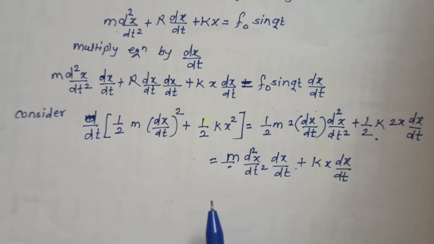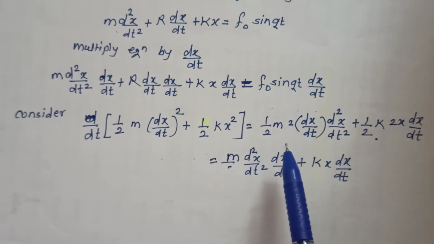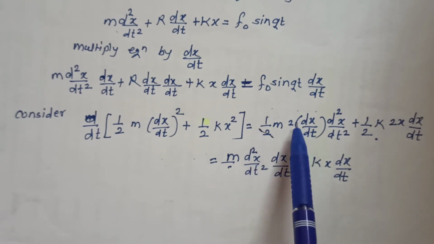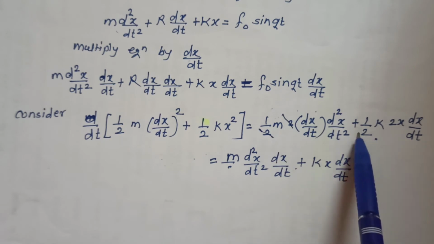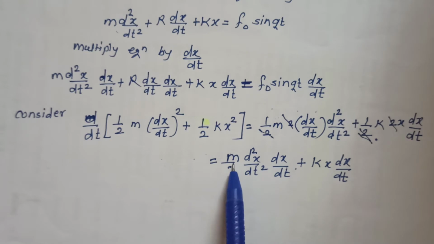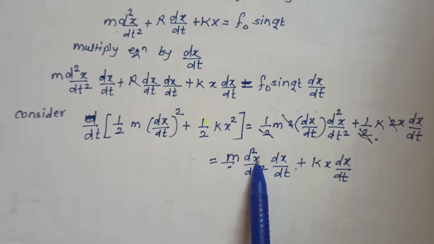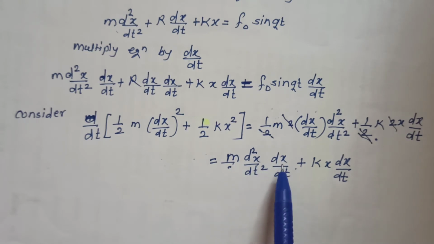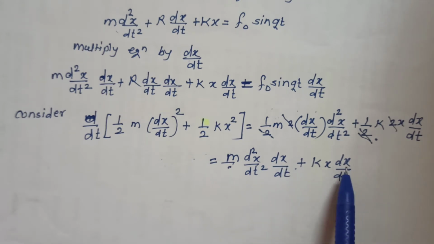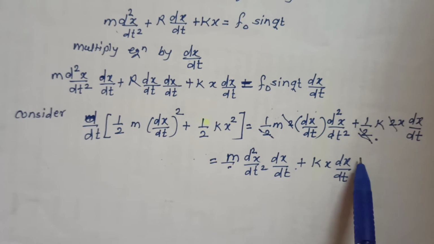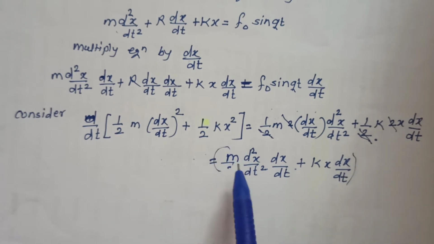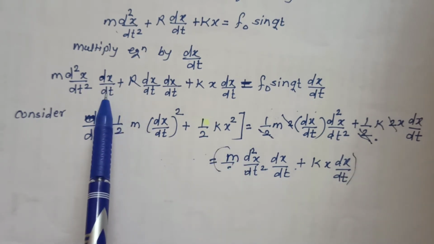On simplification, the 2s cancel, and we get m d2x/dt² dx/dt + kx dx/dt. See, this term is in this equation.